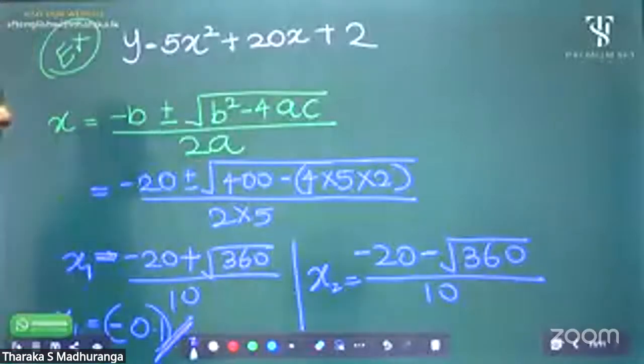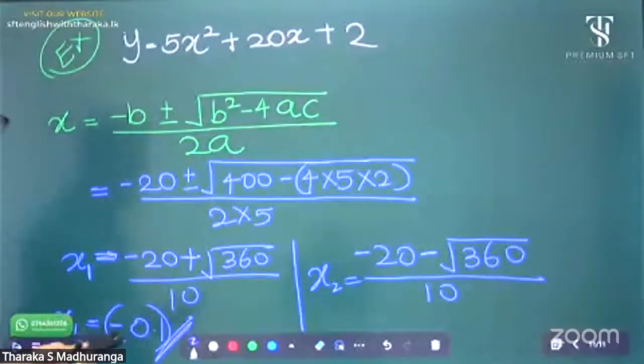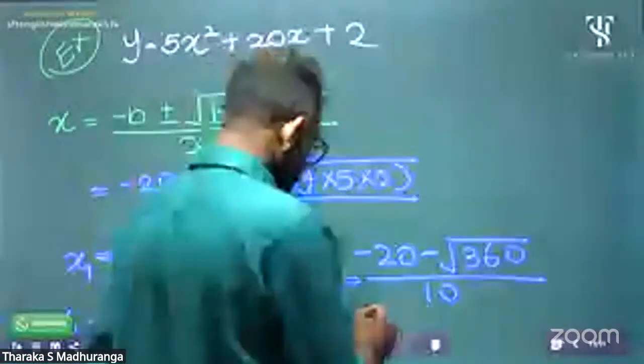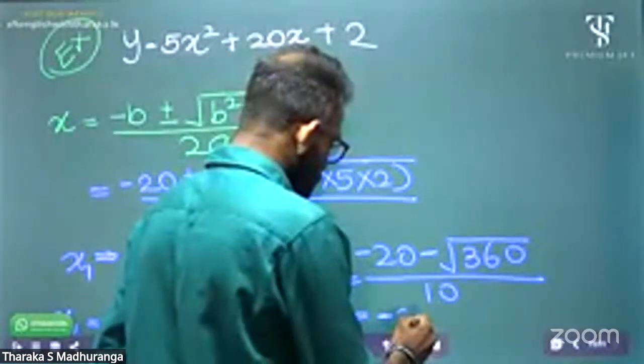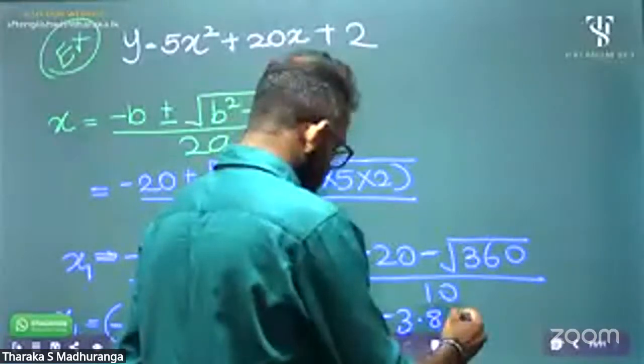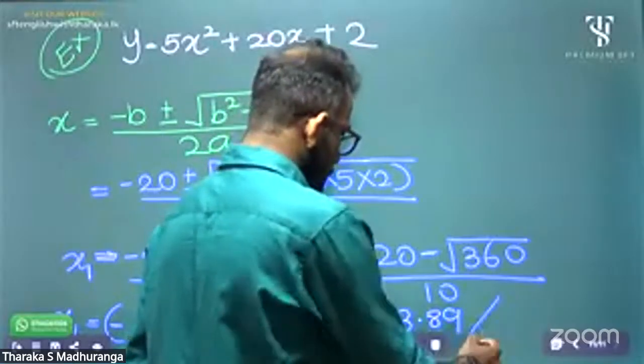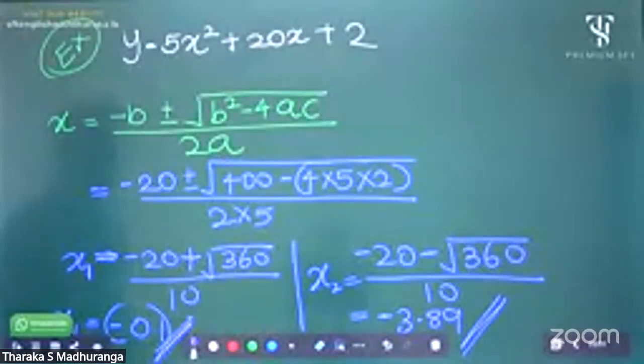Minus 3.8, minus 3.89, approximately minus 3.8 or 3.9.